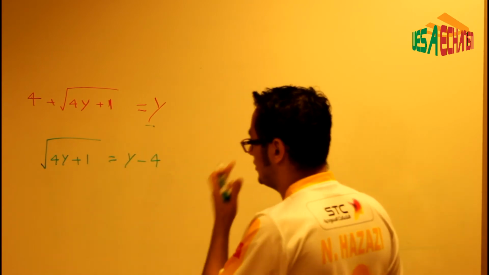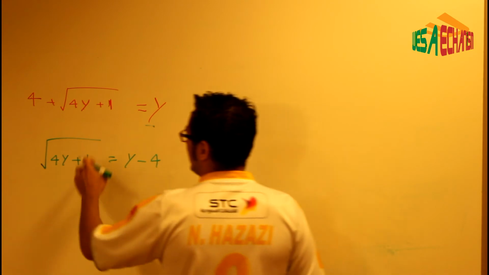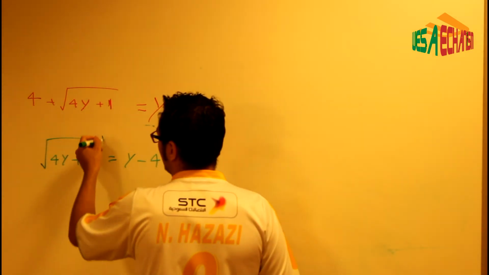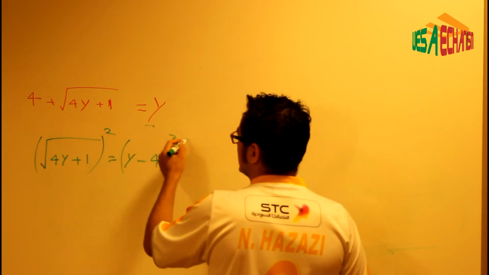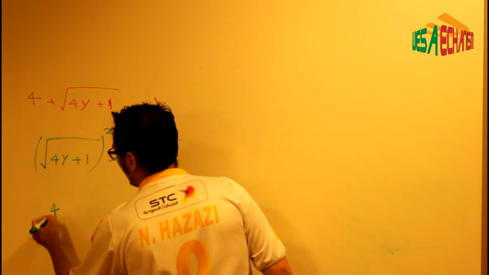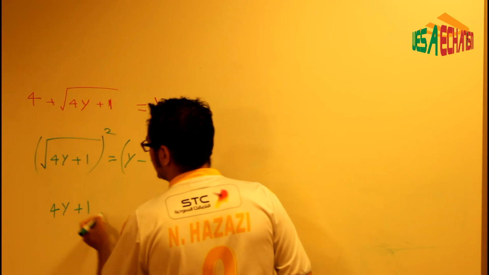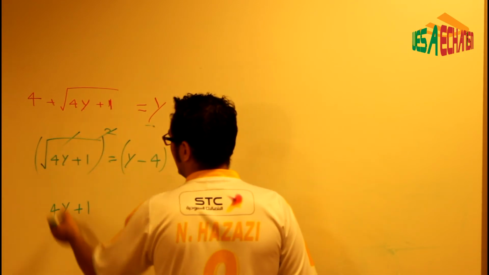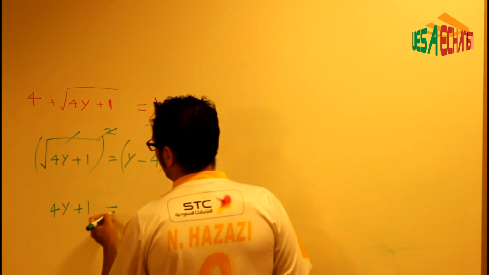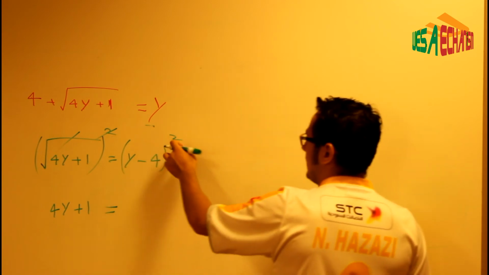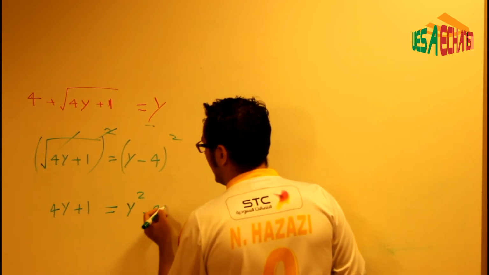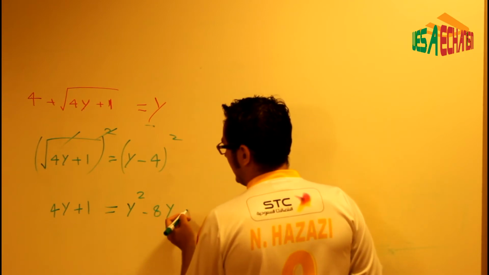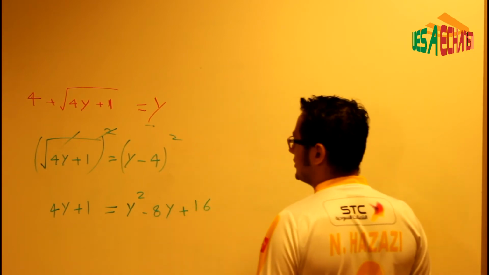Sounds good? Right now we have this square, and we want to get rid of it. So we say that this is to the power 2 and this is to the power 2, which means we have 4y plus 1, because this will get rid of this, which is equal to y squared minus 8y plus 16. Why?